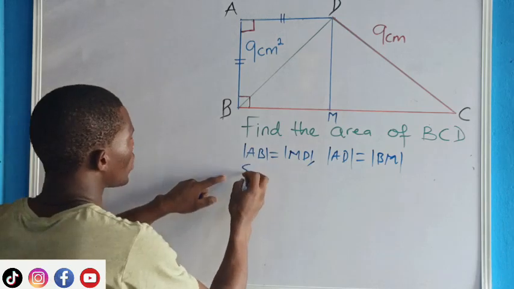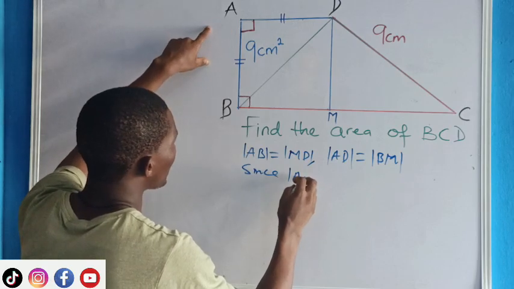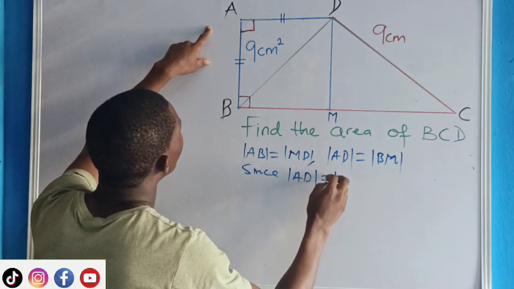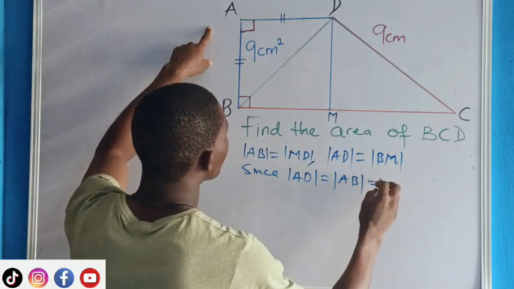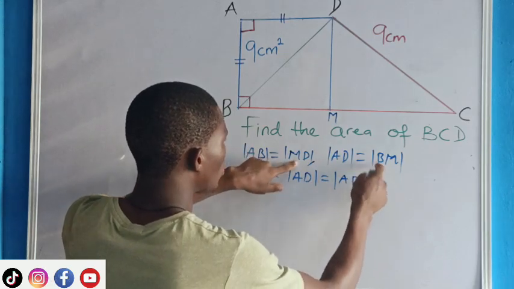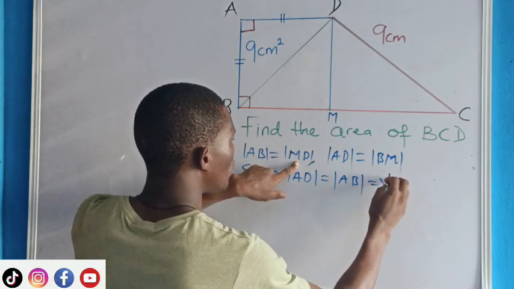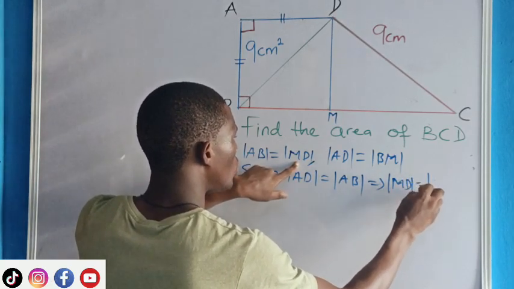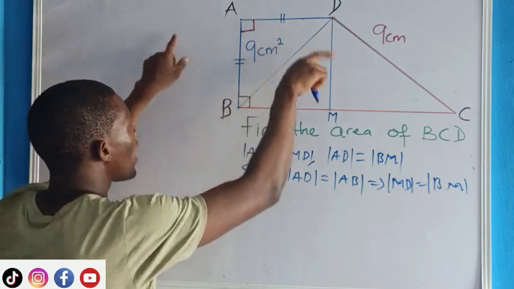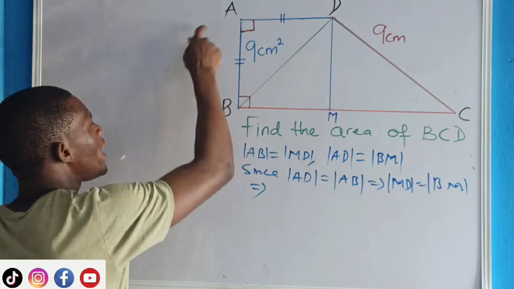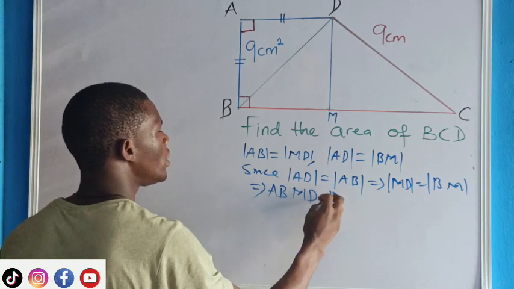And since we are given that AD equals AB, this implies that MD equals BM. So the shape ABMD is a square.